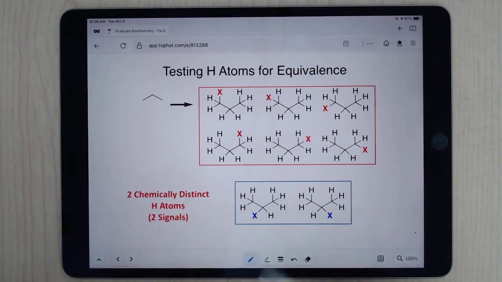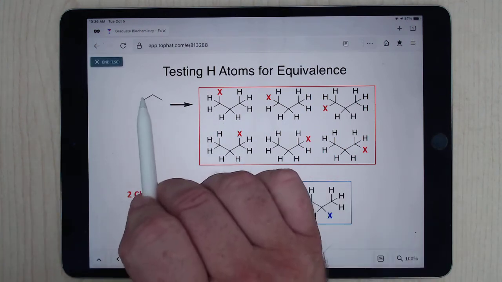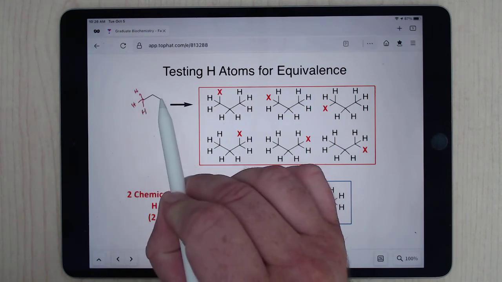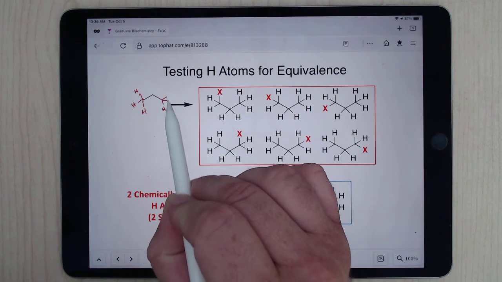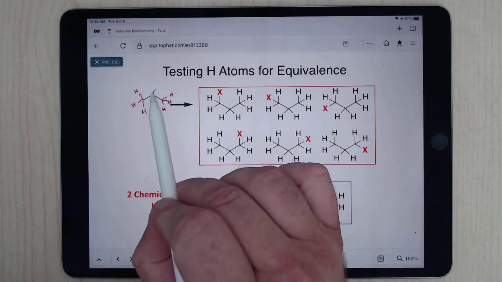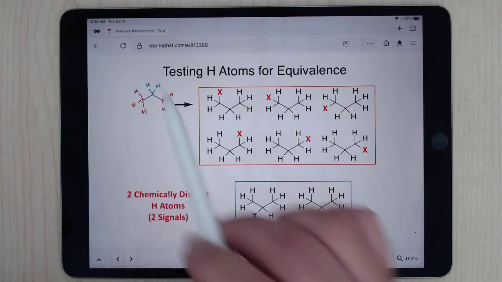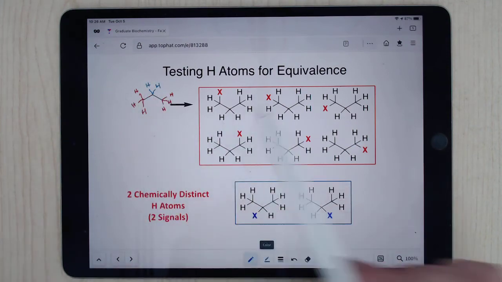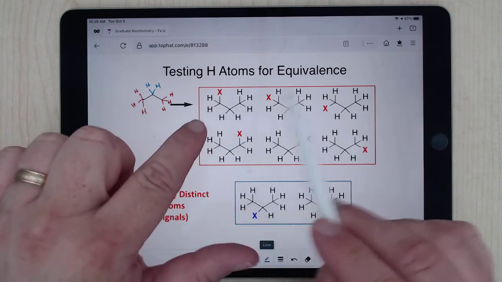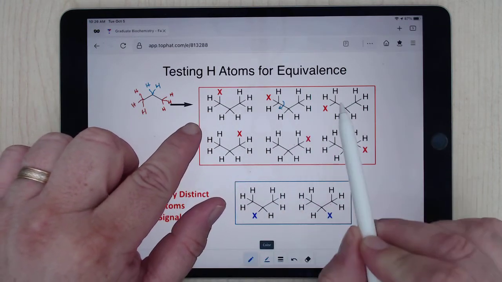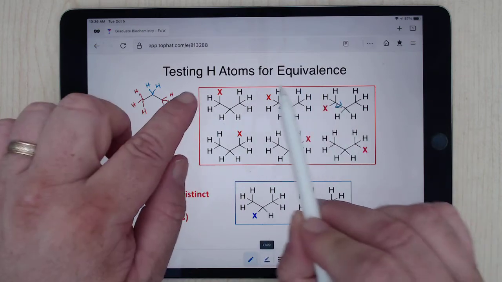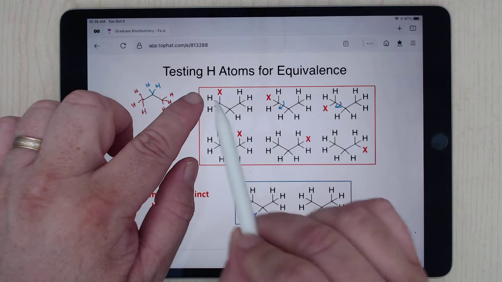Because if you look at this one, we draw on these hydrogens here. If you look at the red ones, if you compare these top ones, we can just rotate around that bond here and turn these structures into here.